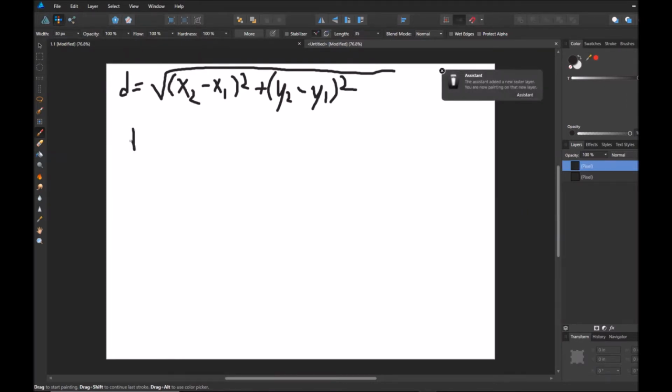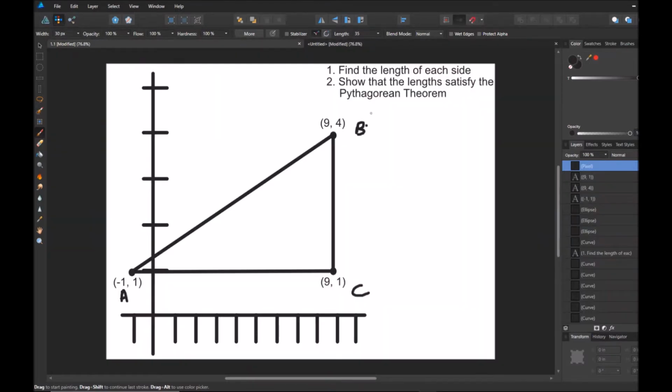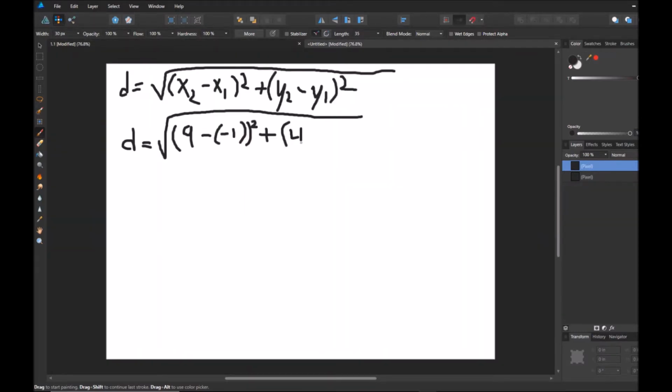So we do d equals, and then our x2 is going to be 9, minus our x1, which is negative 1, squared, plus y2, which is 4, minus our y1, which is 1, squared.